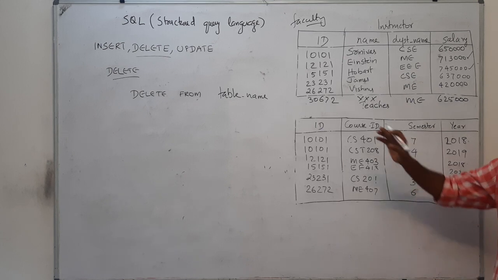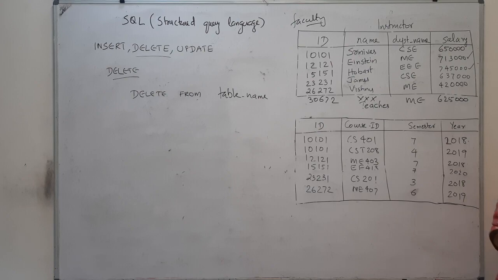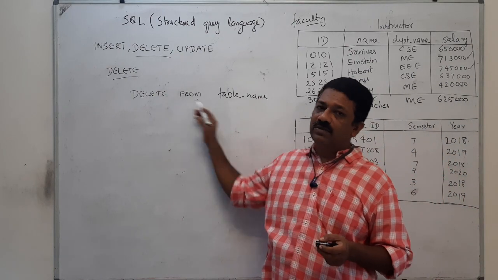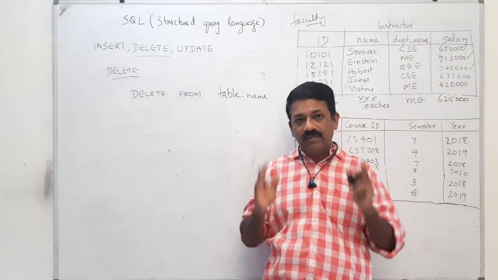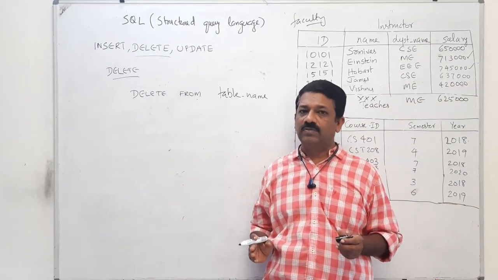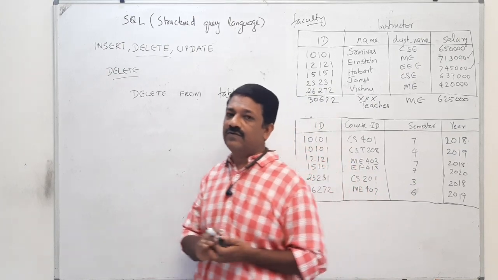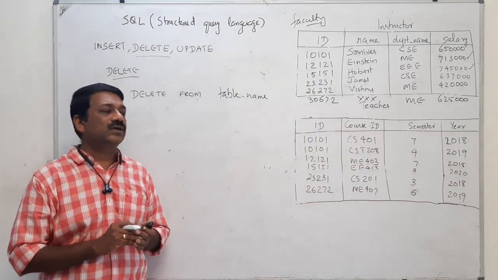Okay, so here delete from table name means you are deleting or emptying the contents of this table, but that table exists there as an empty table. So that is the difference between delete and drop.